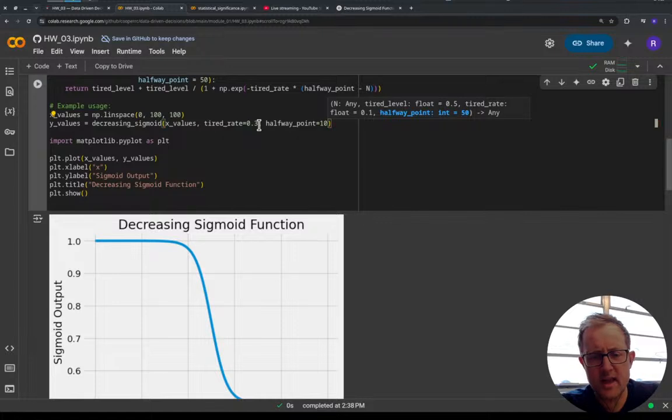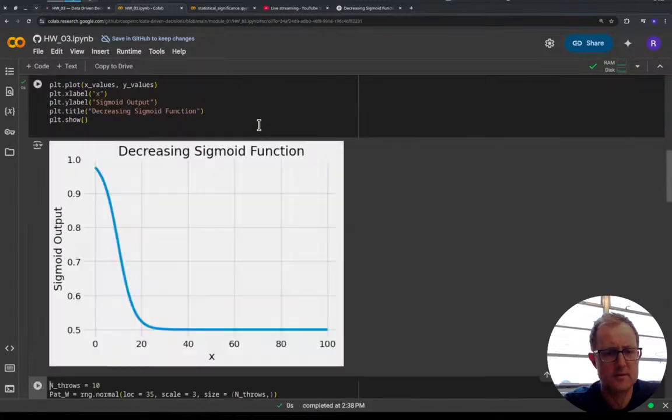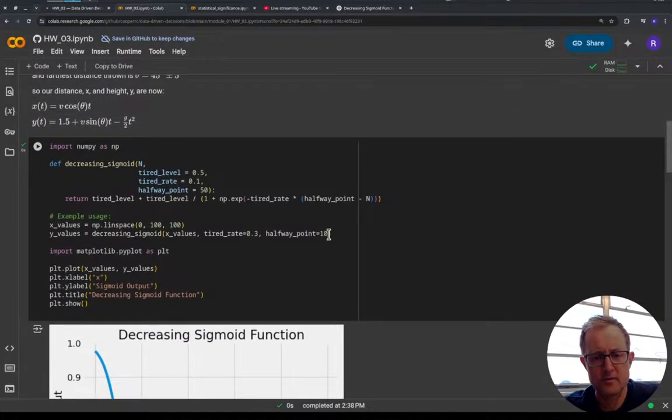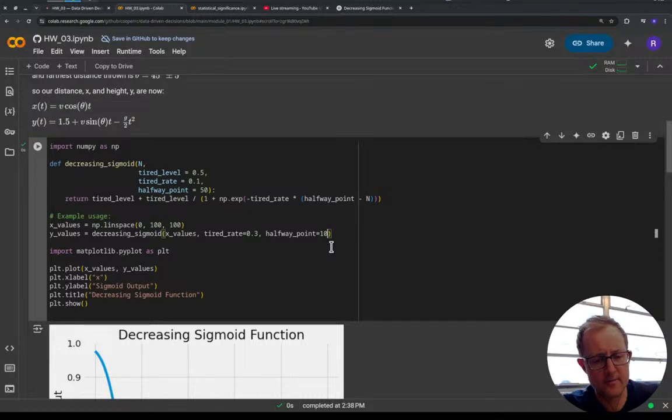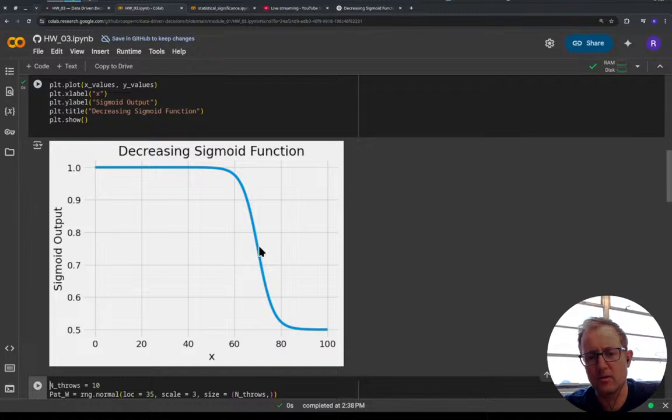Now if I change the halfway point to 10, after 10 throws I'll be at about 50% of my tiredness, versus after 70 throws, now I'm shifting that whole function over.